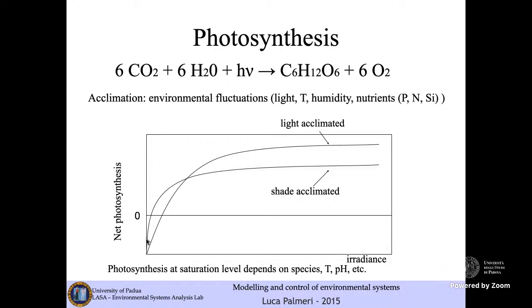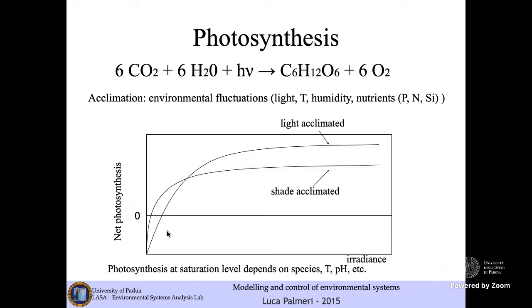Photosynthesis at saturation level depends on the species of algae, the species of plant, but also on our ecosystem characteristics, like, for example, the temperature or pH and so on.